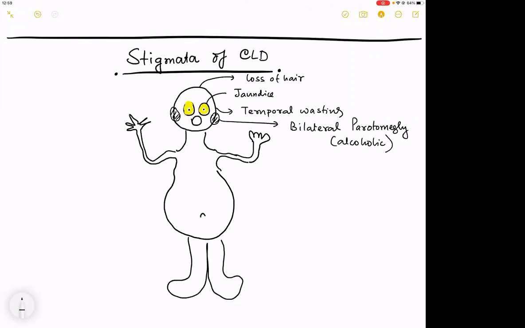In alcoholics, you get a bilateral parotomegaly. In mouth, what is the thing that you observe? Fetor hepaticus. In neck and chest, spider angioma.